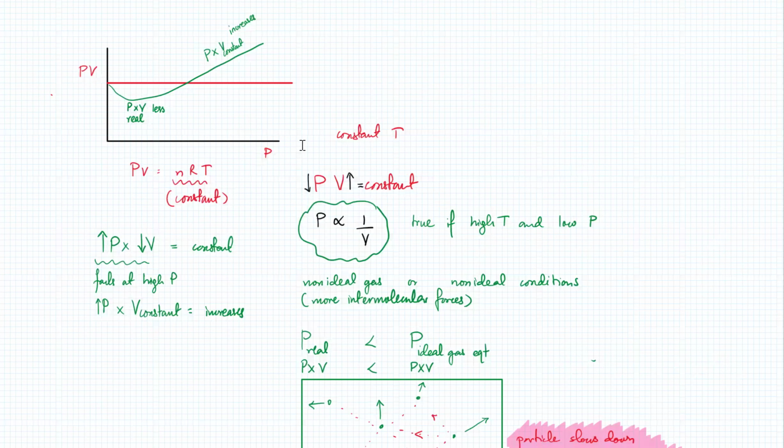So your P into V is actually lesser. Why does it increase? Because the gas becomes incompressible and the volume stays constant. So your P into V product increases, and therefore it goes up at very high pressure. It starts disobeying the ideal gas equation.